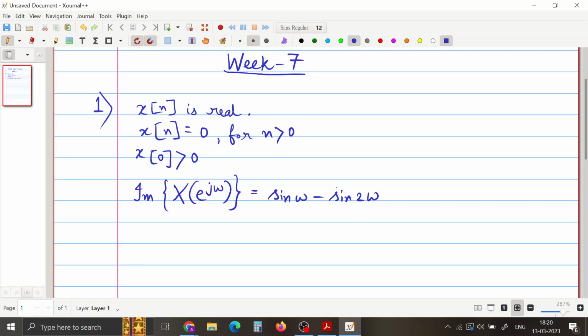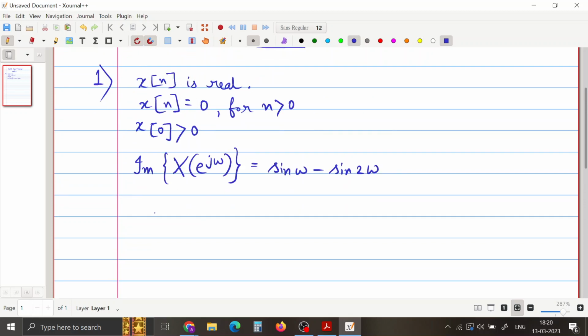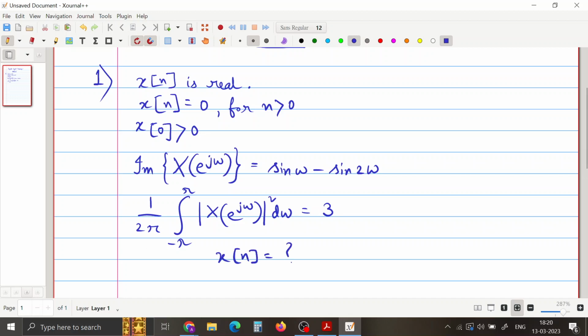Okay, and finally we have also been given this condition. Okay, and our task is to find x of n.